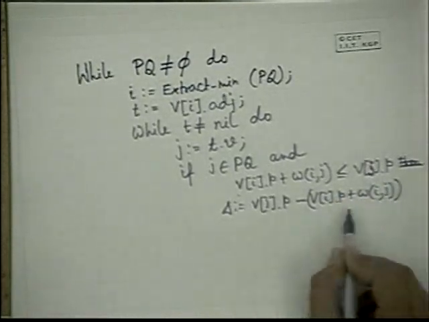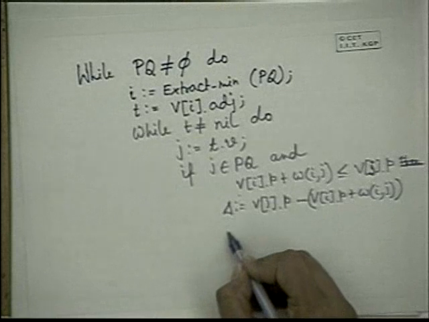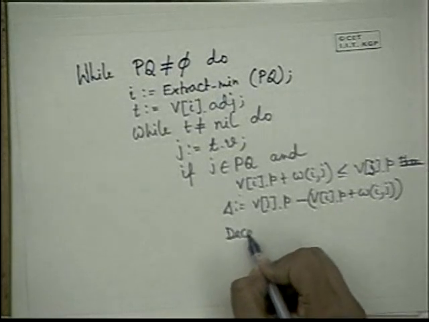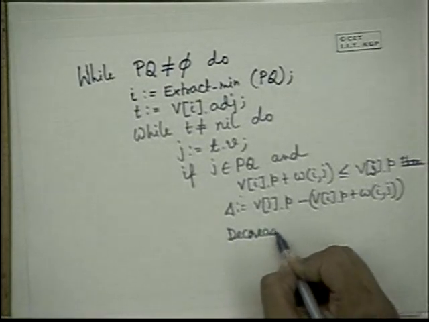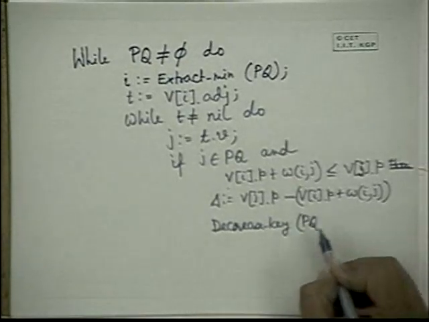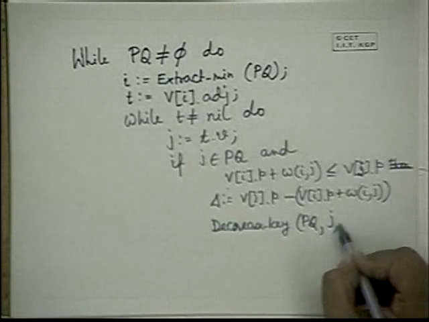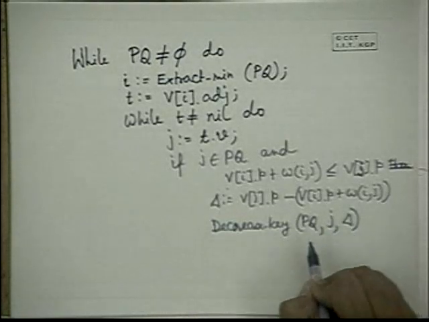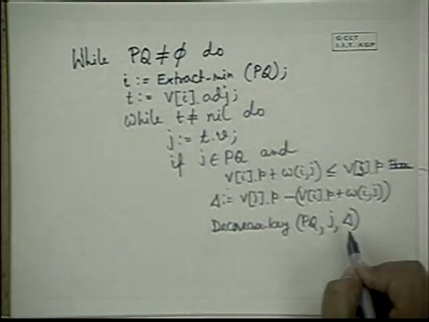So you just take the difference, that is the delta, and decrease key in the priority queue for the vertex j, the weight of vertex j by delta amount.